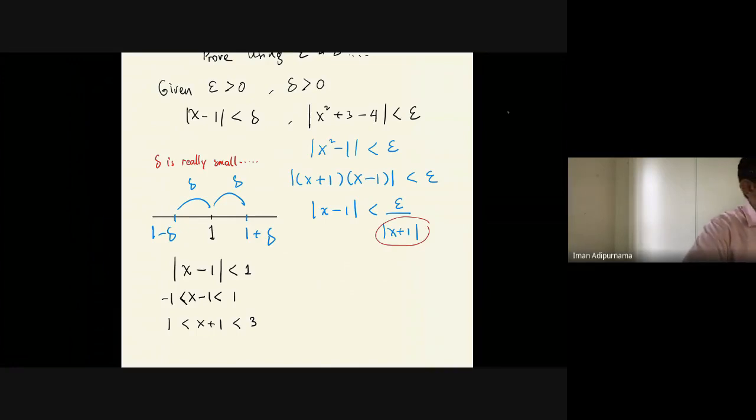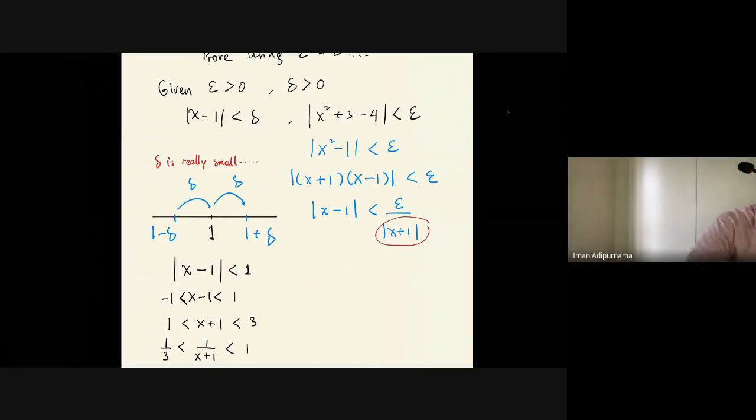Okay, I'm adding 2 to all the numbers. And then I will reciprocate. It becomes 1 over 3 less than 1 over x plus 1 less than 1, flipping the fractions.